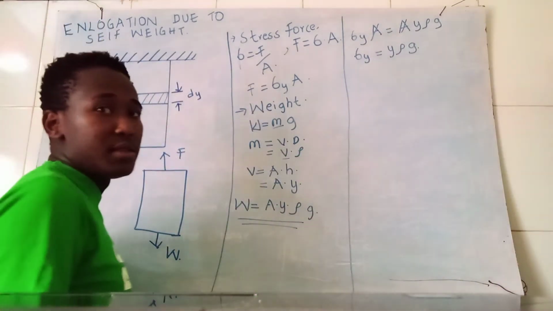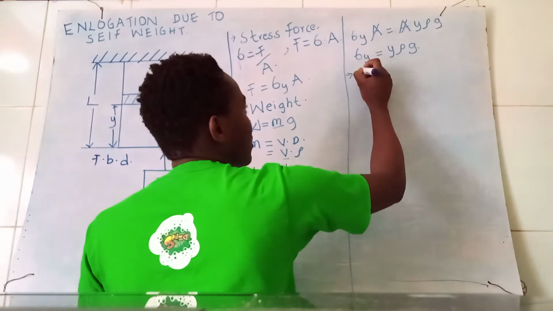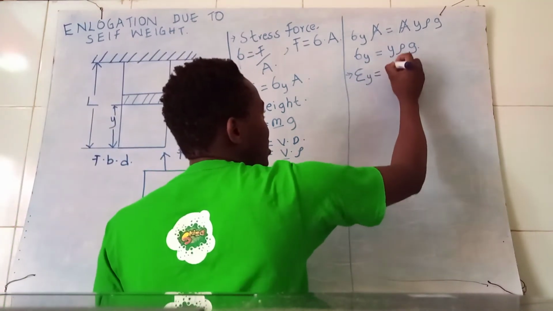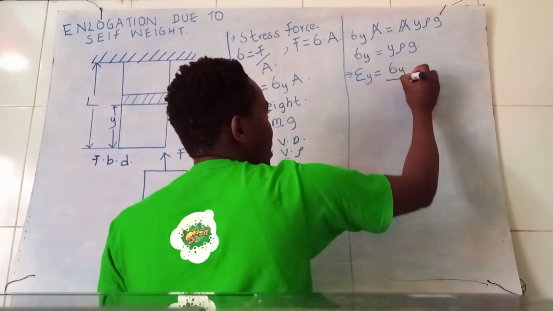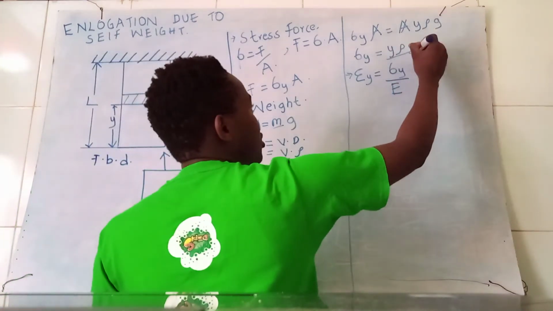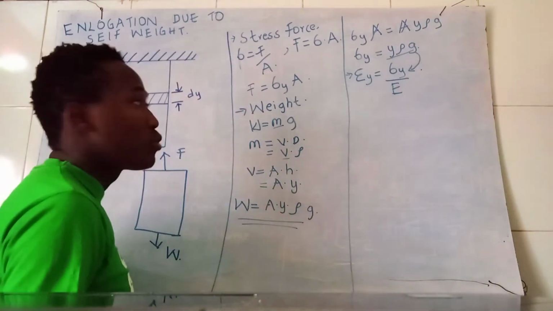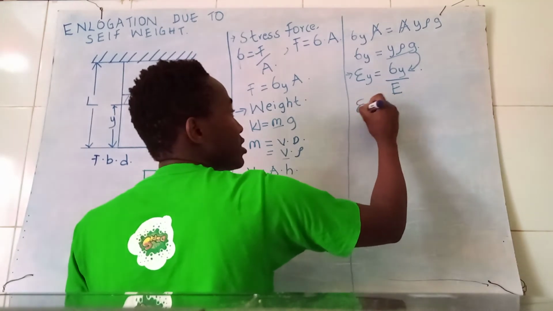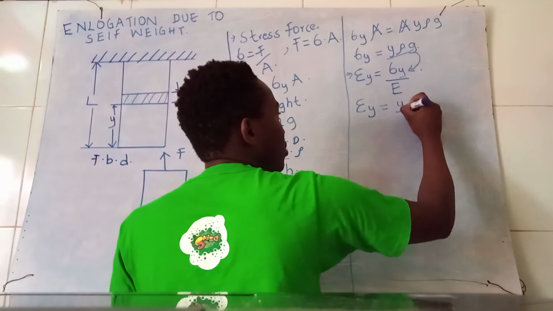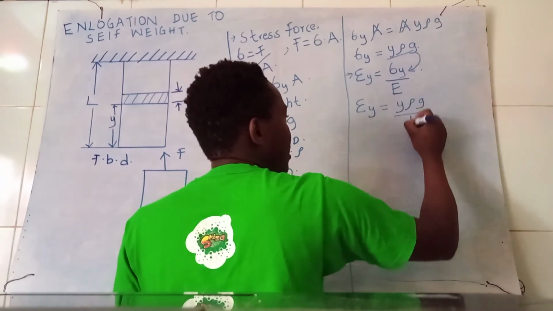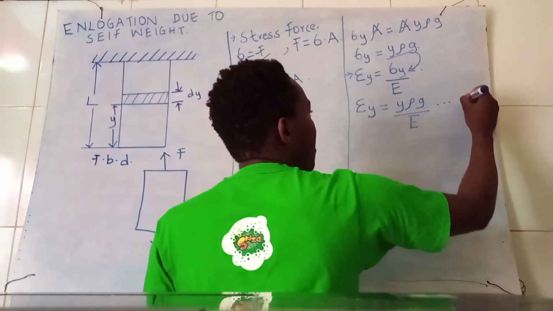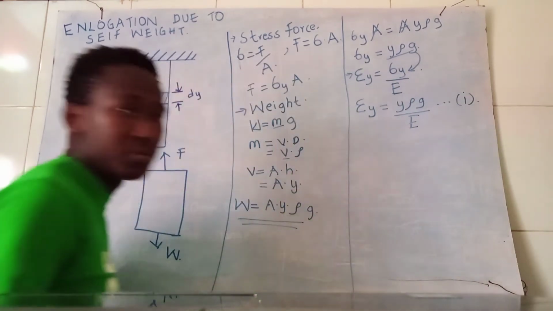Now strain. The strain at a distance y will be given by stress at a distance y divided by Young's modulus. So I'm going to substitute this into that equation, and I shall have strain y given by y rho g divided by E. So this is going to form my first equation.